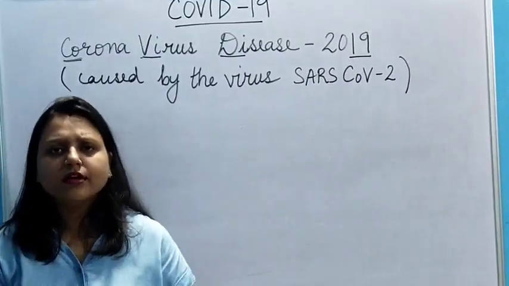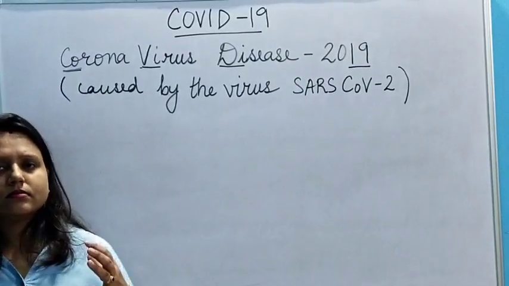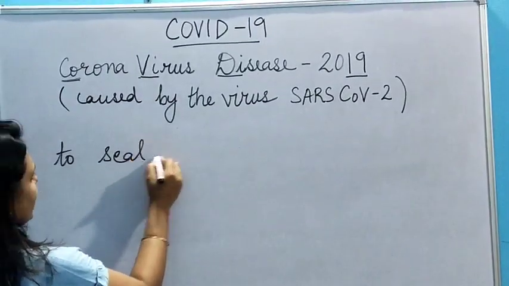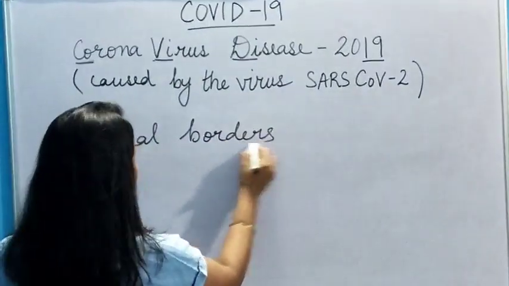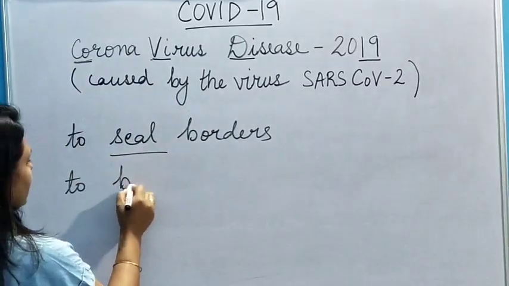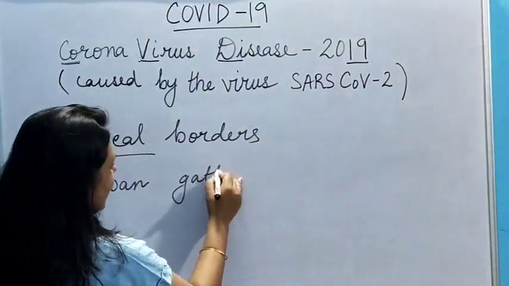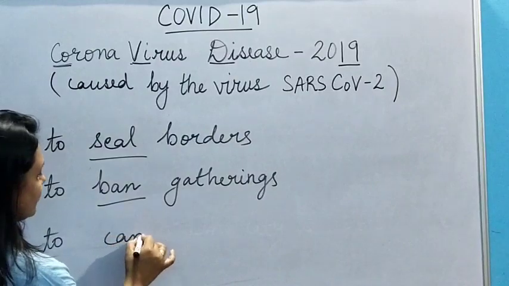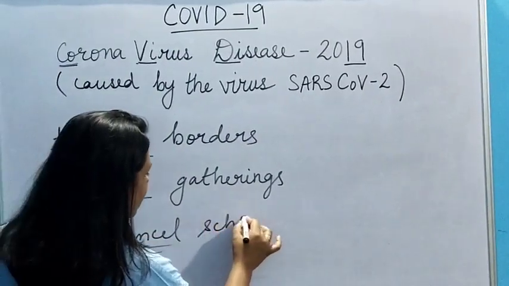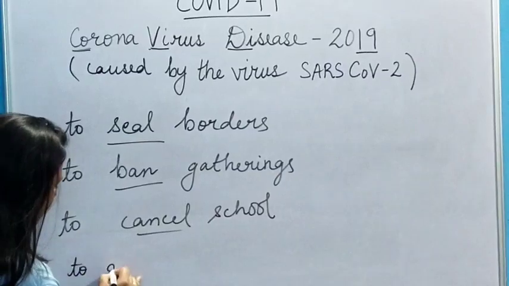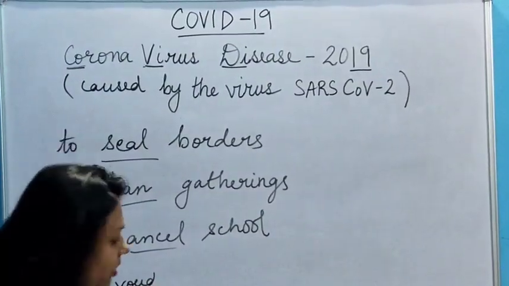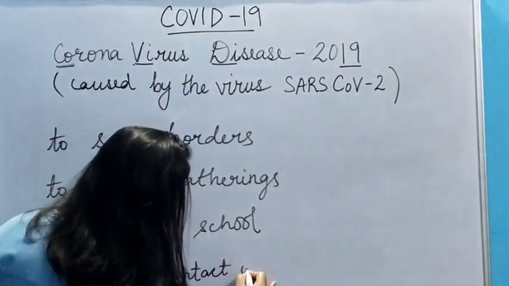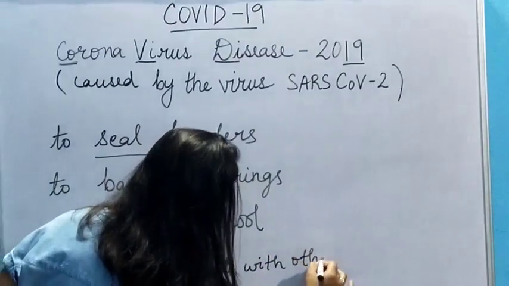You all must have heard, like, the borders have been sealed. So we can say to seal borders, to ban gatherings, to cancel school, to avoid contact with others.